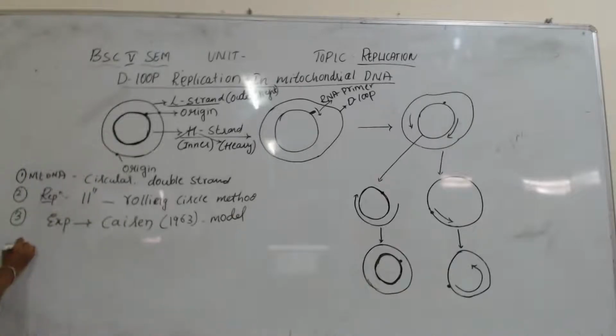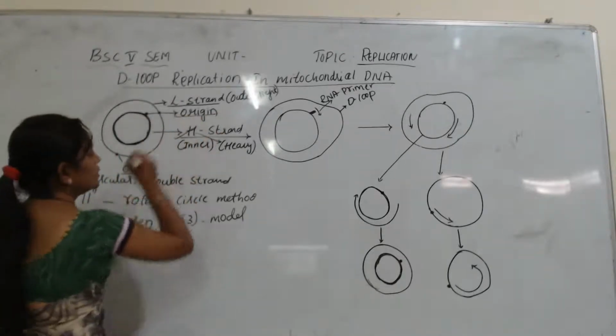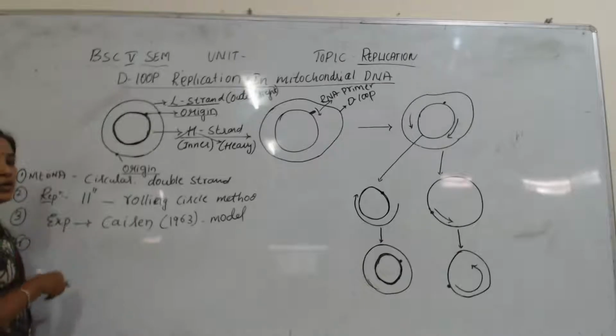Next, the two strands have separate origins. So here is one origin, here is also an origin. The origin is very important, because replication will start from the origin.